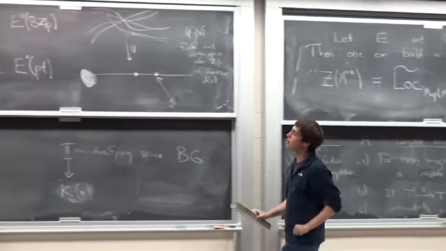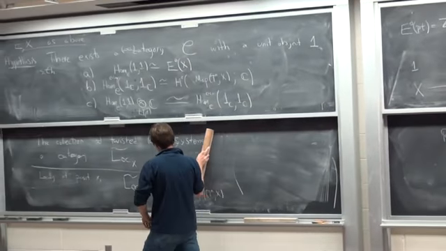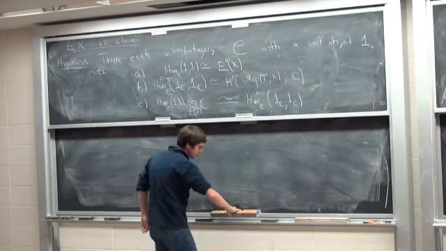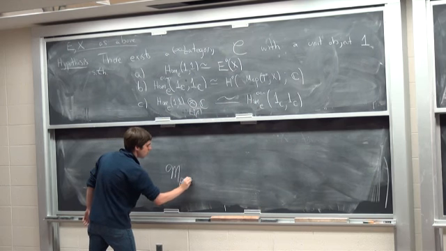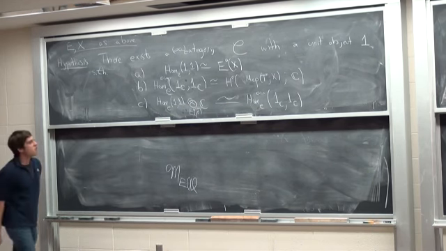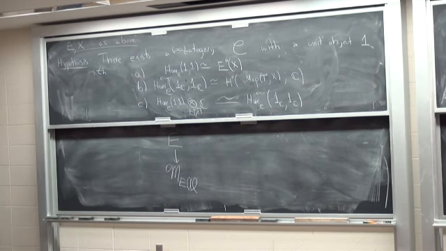But let me give you the real place where you want to think about that, which is in the context of elliptic cohomology. In the world of elliptic cohomology, there's a moduli stack of elliptic curves, and over that there's a universal family of elliptic curves.